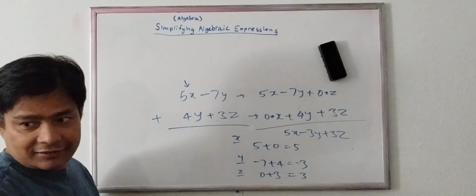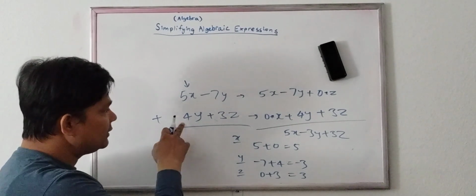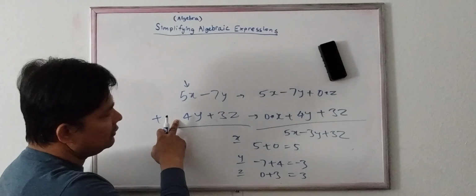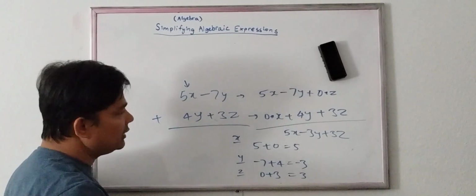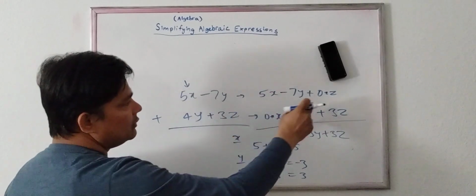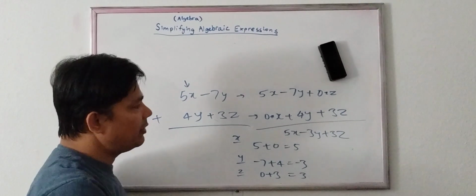Got it? So don't get confused if one expression has two variables and the other expression has different variables. In that case, you can add 0 to both the expressions and then find the sum.